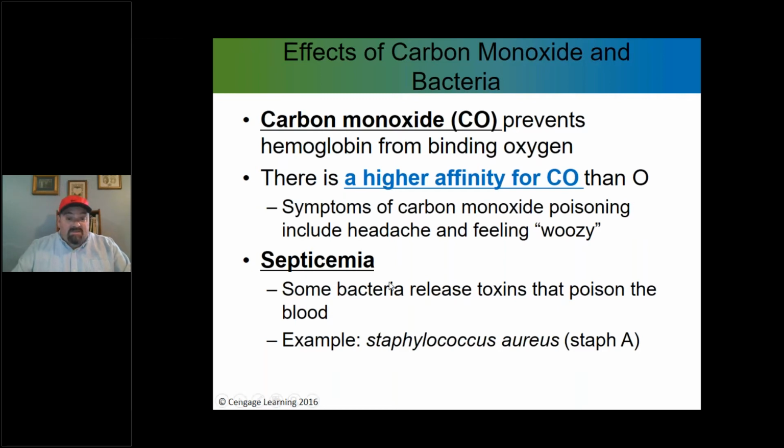Okay? Septicemia, right? So some bacteria release toxins that poison the blood. This can happen as a result of something like Staphylococcus aureus, or Staph aureus, we would say, a very common bacteria. And know that bacteria are all over our bodies. They're inside of different areas of our bodies.